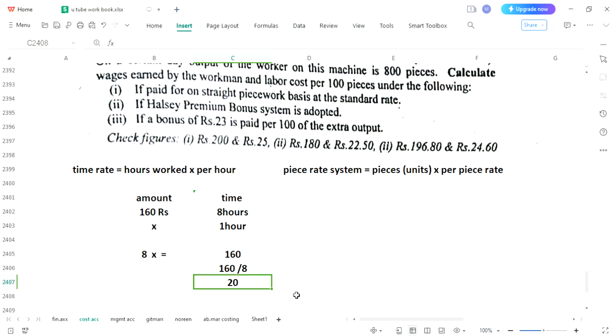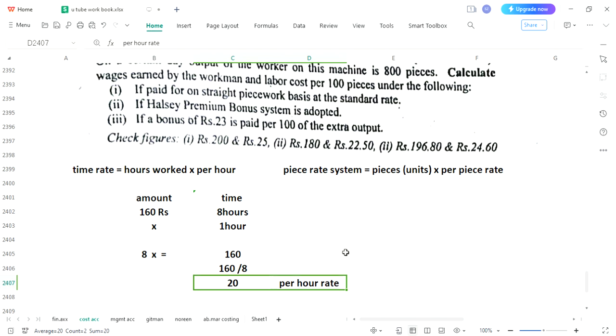So we have got 20. As you can see, the question was in 8 hours 160 rupees are received. In 1 hour how much amount would be received? So it is the per hour amount or per hour rate, you can call it. So the first calculation, or first standard, we have elaborated.